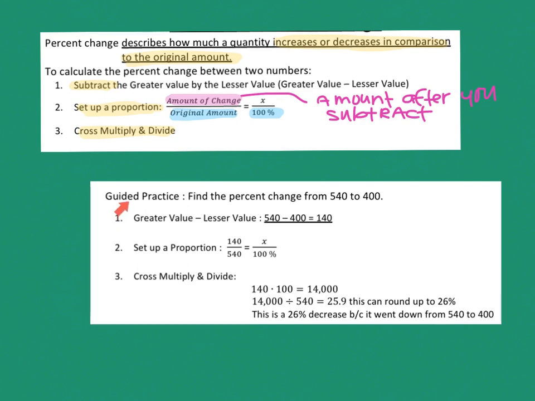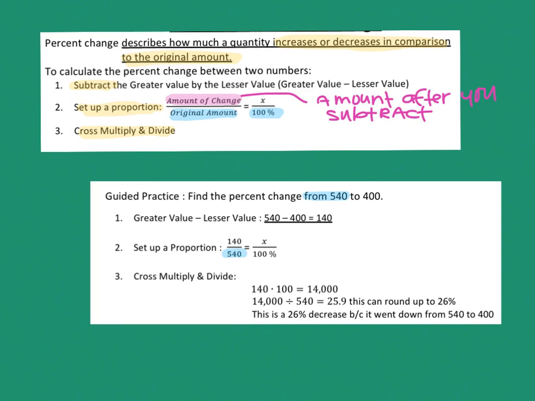So here's a question that's already been worked out. It says find the percent change from 540 to 400. It doesn't have a story with it, so the thing I need to focus on is where it's starting from. It's starting from 540. So when I go to set up my proportion, 540 is going to go on the bottom.